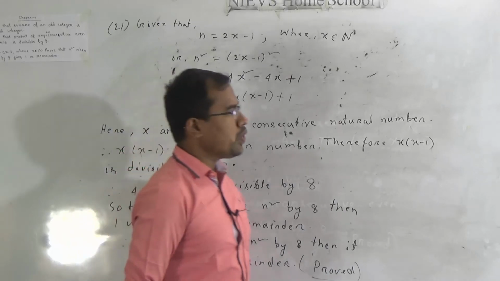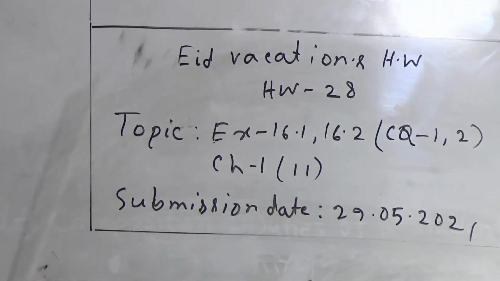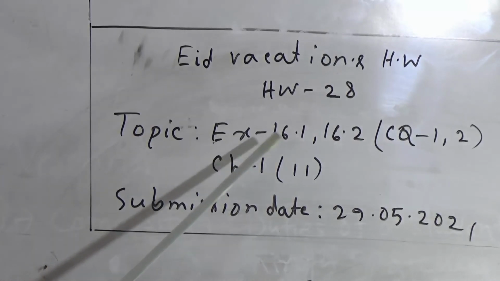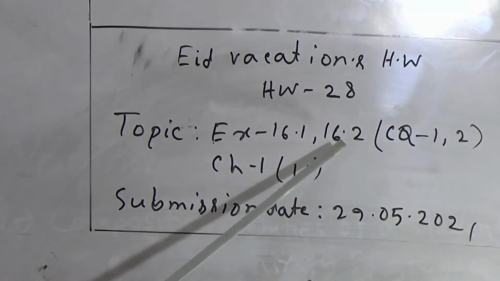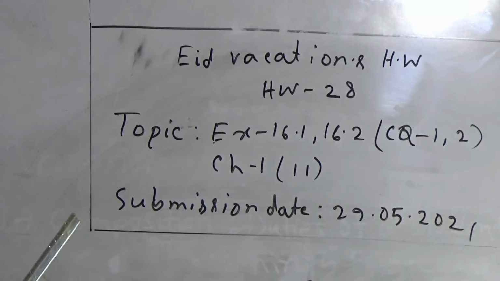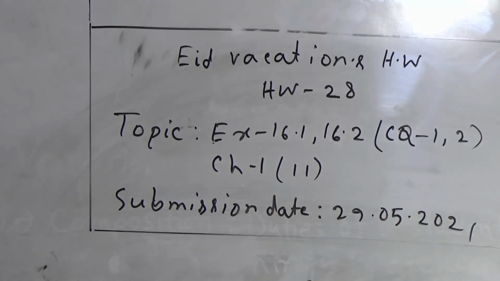Now I am giving you SW. Our today's SW is Eid Vacations SW. This is SW number 28. The topic of the SW is exercise 16.1 and exercise 16.2, CQ1 and CQ2. We have already solved these two CQ in our previous class.